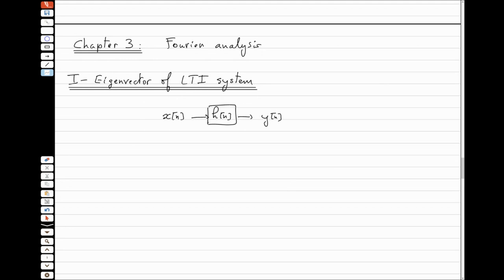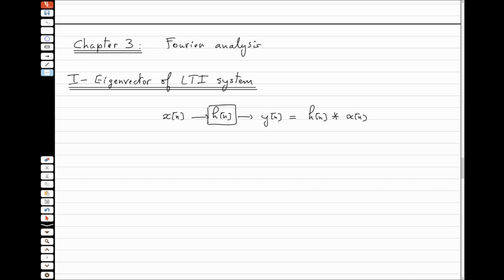So the problem is that until now, you only know that an LTI system performs this operation. But then you can ask, so what? What do you do with this? The problem is that you may understand this algebra formula, but you may not know what it does physically to the input.